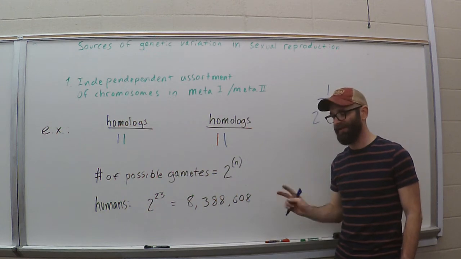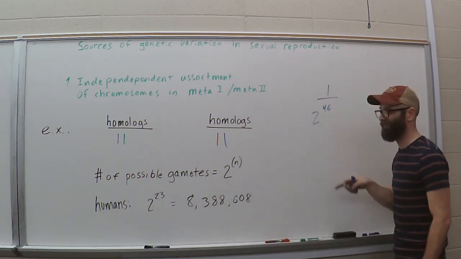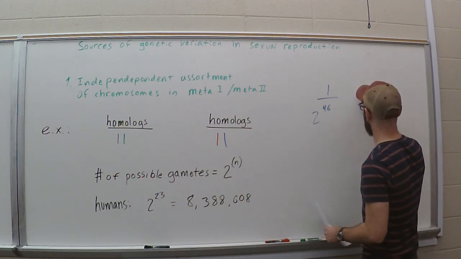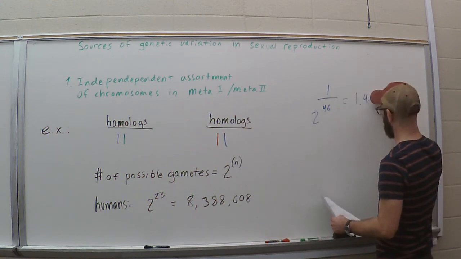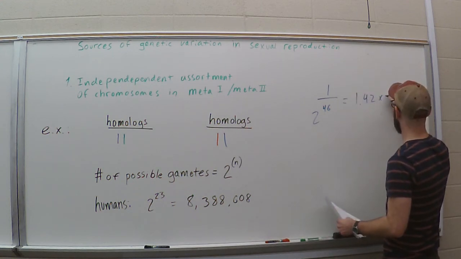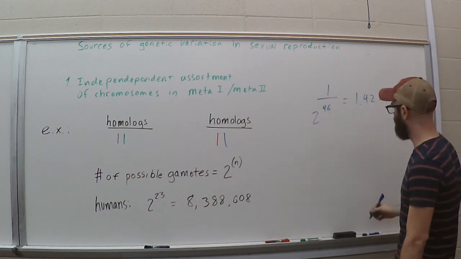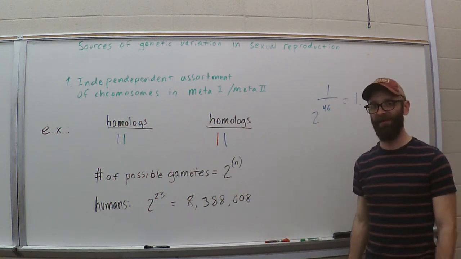Because you're actually looking at 2 sets here. It's not 2 to the power of 23, it's 2 to the power of 46. So that comes out to 1.42 times 10 to the negative 14th, or 1 in 70 trillion, right?